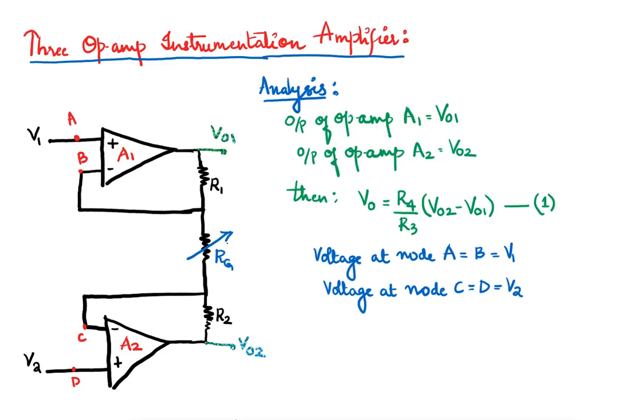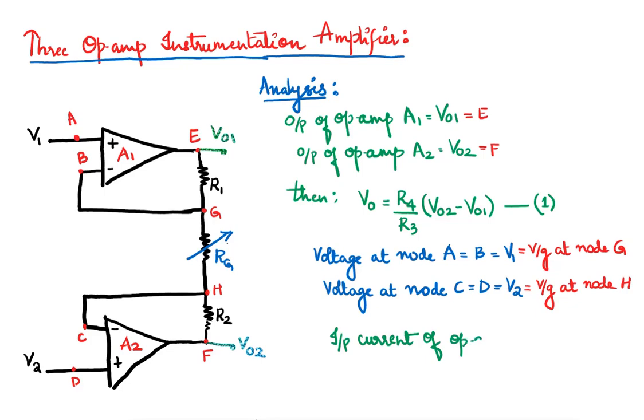At the output side, I am going to denote the node voltages as E, G, H and F corresponding to different points. You can see that the voltage at node C, D and H is equal to V2, and the output of op-amp A1 is equal to the node voltage E, and output of op-amp A2 is equal to voltage F. The input current will not be entering into the op-amp.